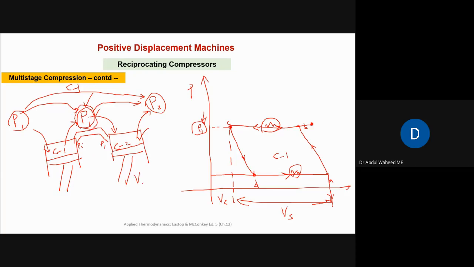And normally Vs of second stage compressor Vs2 will be less than Vs1. Why? Because here same mass is entering at a higher pressure. Higher pressure means lower volume. So here we do not need as large volume as in C1, because here its volume is already reduced compared to C1. So that's why the swept volume will be lesser.